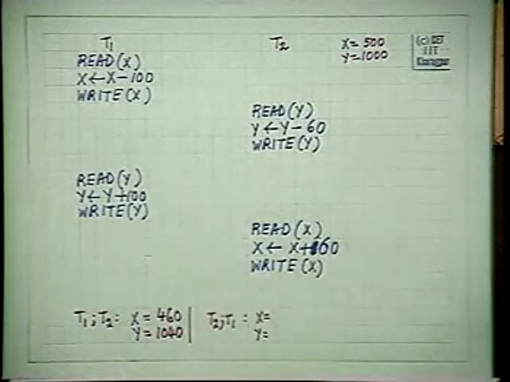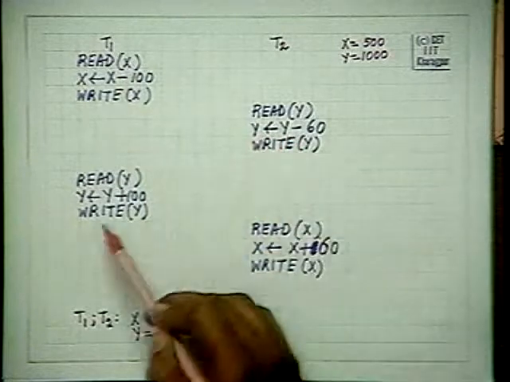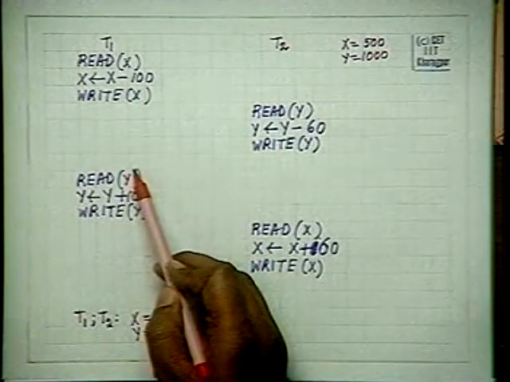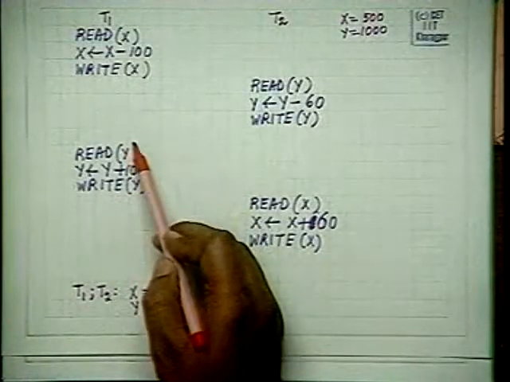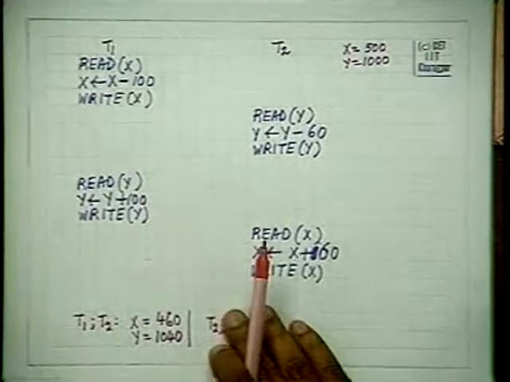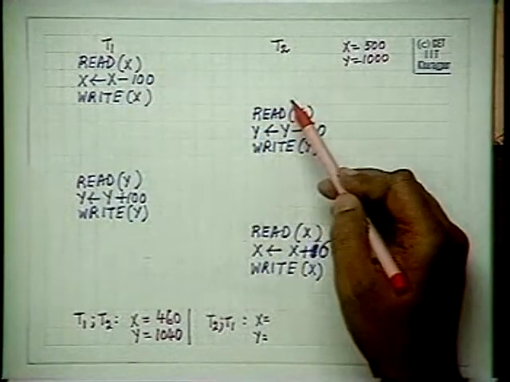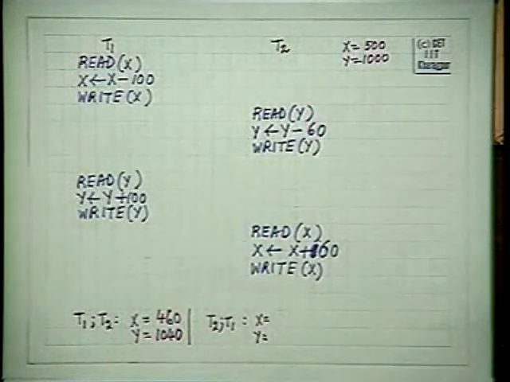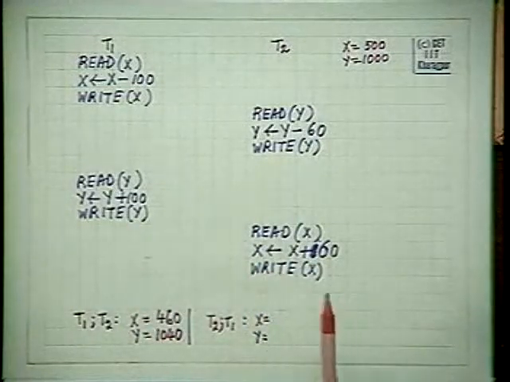In any sequence you run them, even if you move this right down here, there is no problem. You can interleave this one in any fashion also. You will still get a correct result, because effectively both of them together.